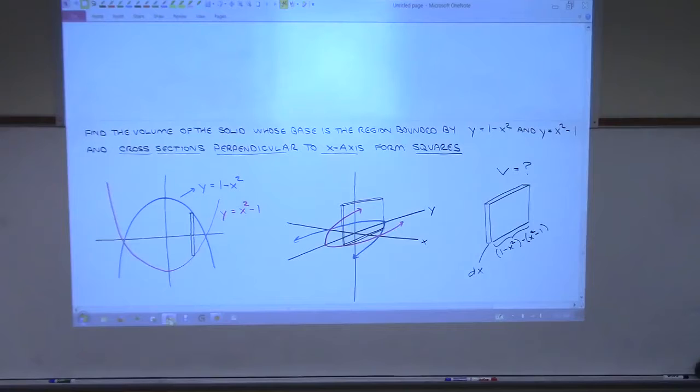Right. Find the volume of the solid whose base is the region bounded by y equals 1 minus x squared and y equals x squared minus 1.